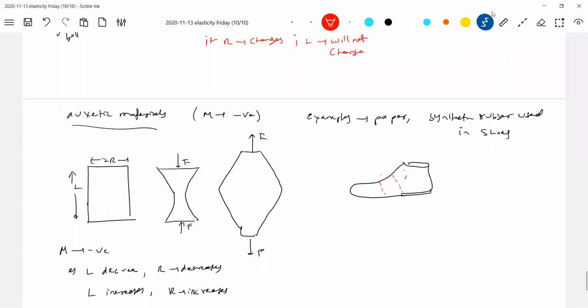As you fold your ankle, if it is on the ground, no problem. But when you fold your ankle as you start walking, your ankle will get twisted here. So the shape will come like this, no?